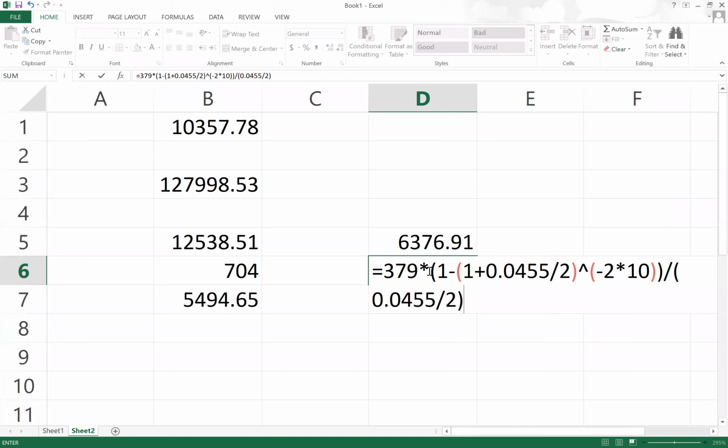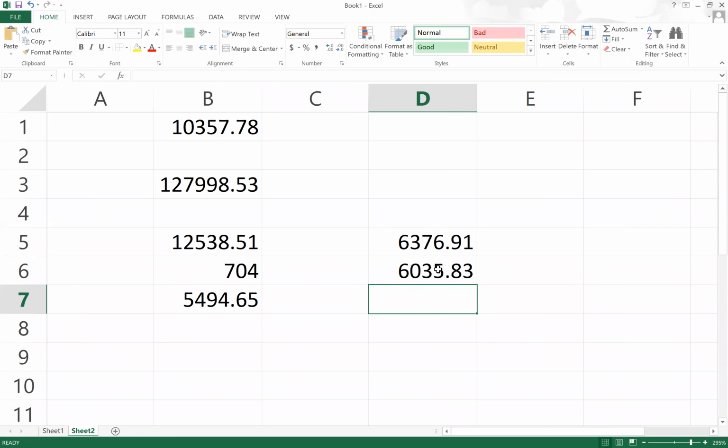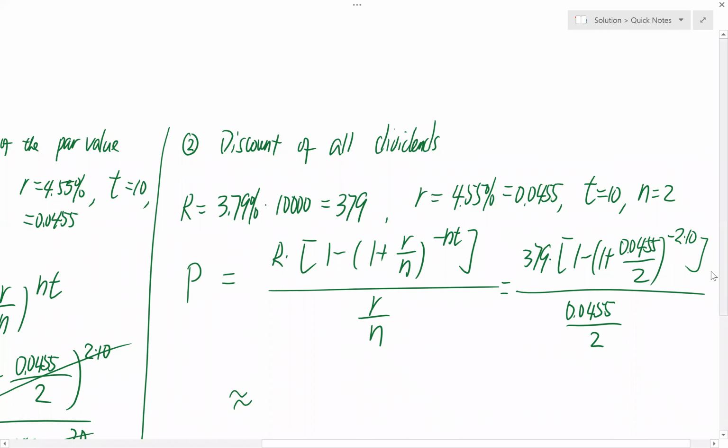Okay. And this is proper input. Now enter that. Then you get $6,035.83.